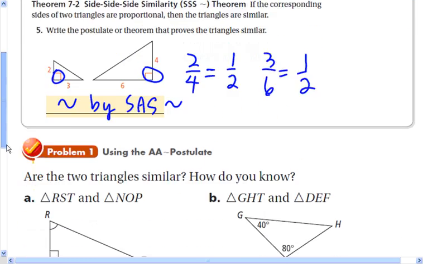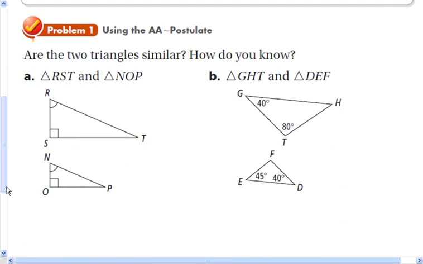All right, so let's use some of those ideas here. Are the two triangles similar? How do you know? So in this first one, we have angle R is congruent to angle N, and we have angle S is congruent to angle O because all right angles are congruent.